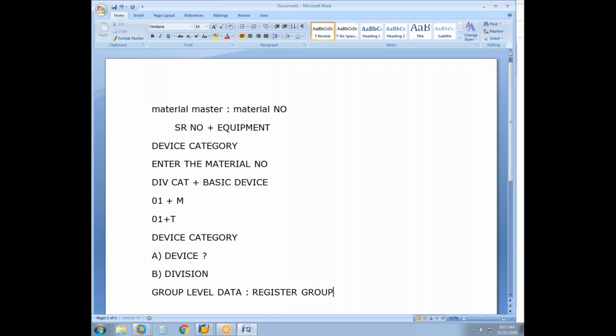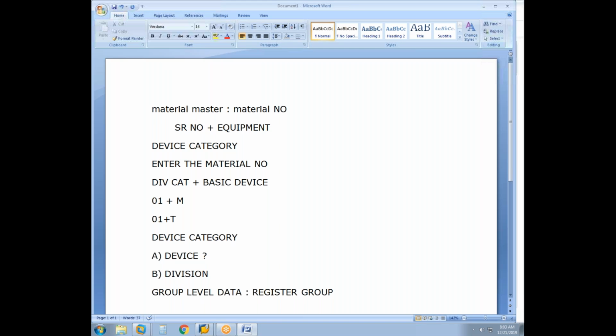Similarly, if you are creating a transformer, then you have to enter winding group. Okay, but if it is an ERCR, ripple control receiver, we have to provide command group, but it is not in the device category. We can add it while creating the device itself or while doing the installation. So we will see that later.